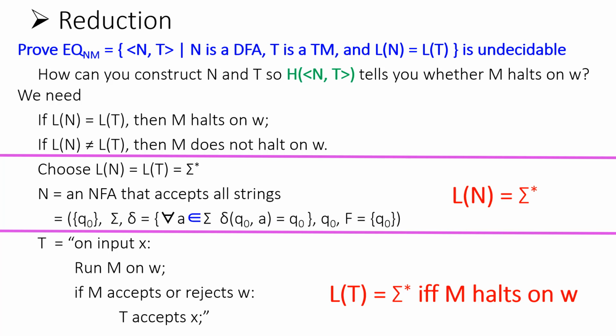It simulates M on W instead. If M halts on W, then T accepts X. If M loops on W, then of course T also loops because the first step can't be finished. And if M rejects W, then T rejects W.